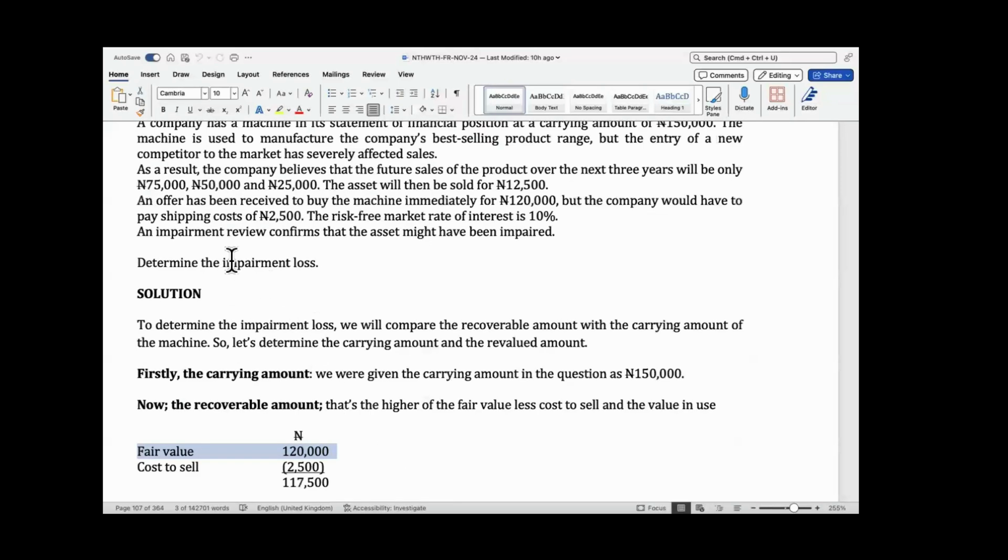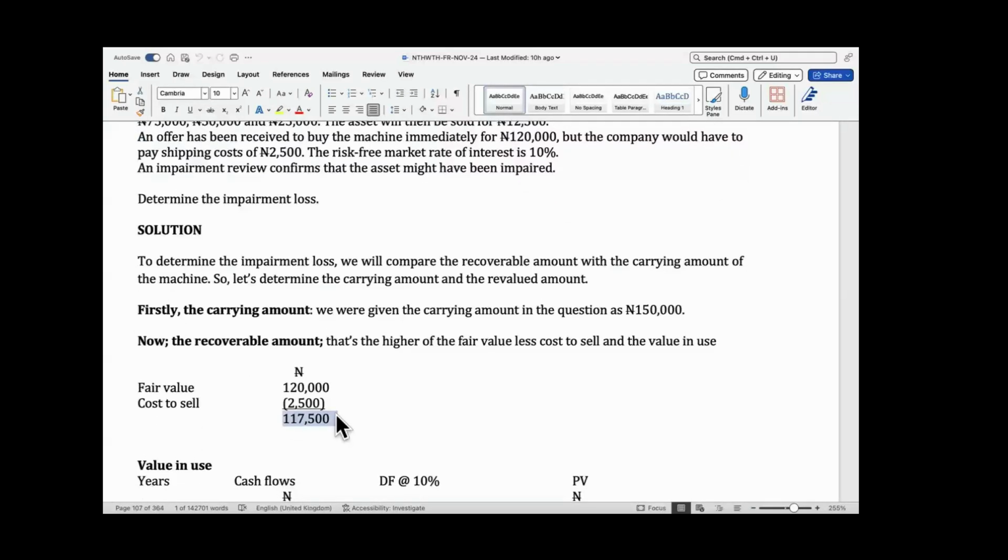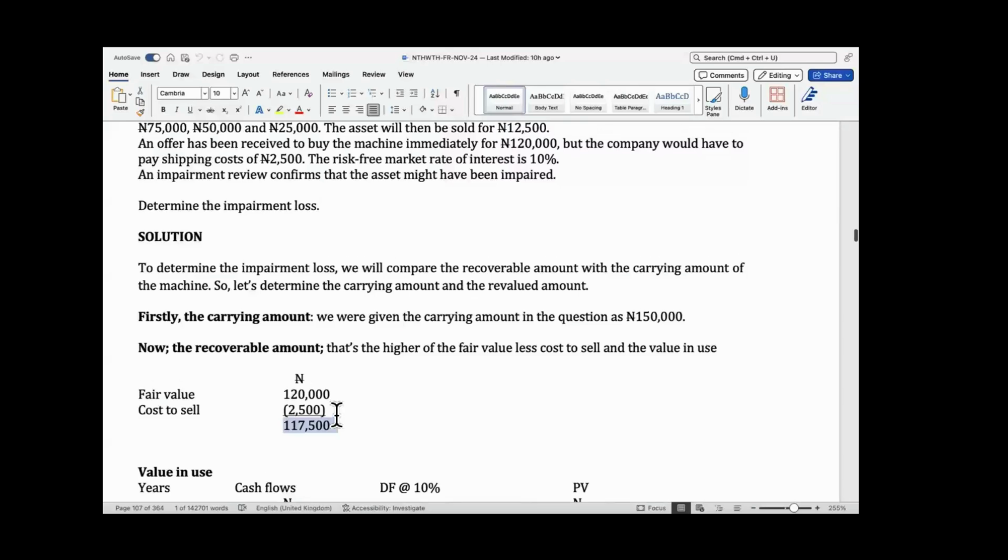In this paragraph, they told me I can sell the asset for 120,000. But in order to sell it, I will incur shipping costs of 25. That's the selling cost of this asset. So my net realizable value is 117,500.